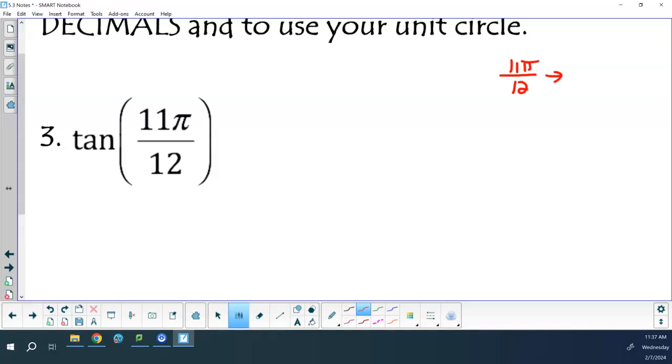Problem is that 5 pi over 12 is not on the unit circle. 8 and 3 work. Right?